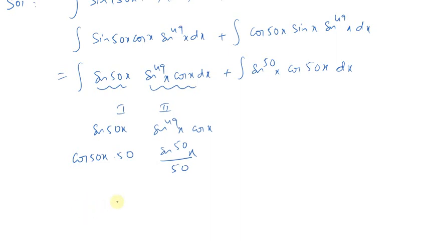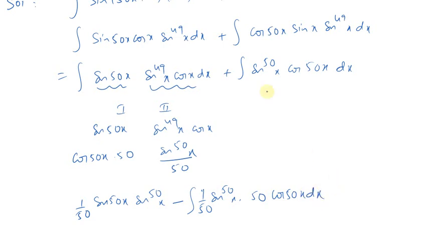Now the solution of this will be 1 by 50 into sine 50x into sine power 50x minus integration of 1 by 50 into sine power 50x into 50 into cos 50x dx, and let me write as it is, plus integration of sine power 50x into cos 50x dx.